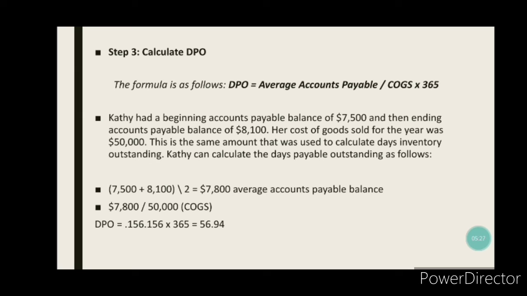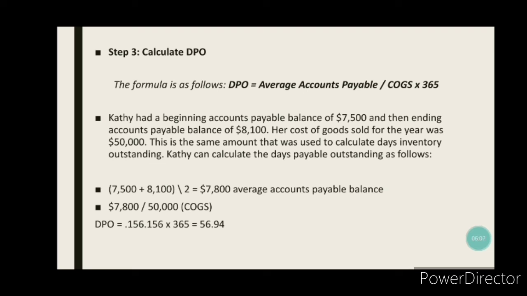This third step is to calculate the number of days it takes the business to pay its suppliers, creditors, and vendors. The formula of days payables outstanding is average accounts payable divided by COGS, or cost of goods sold, times 365.